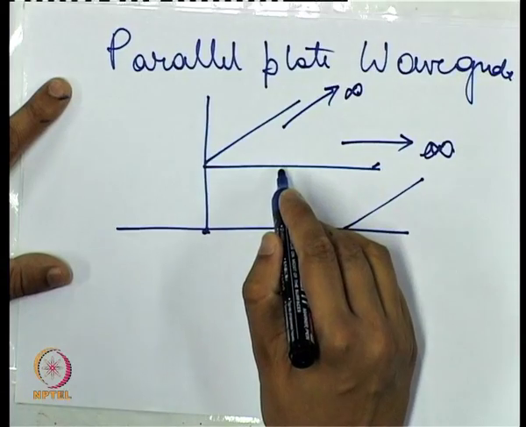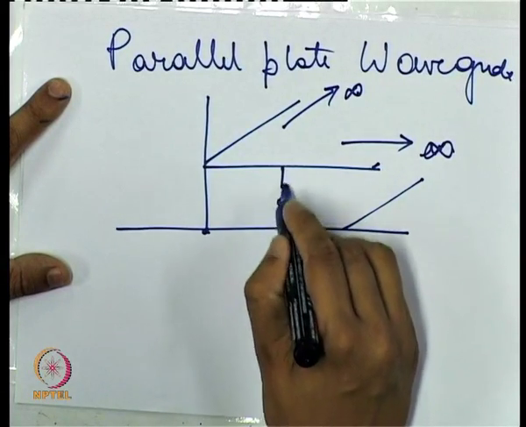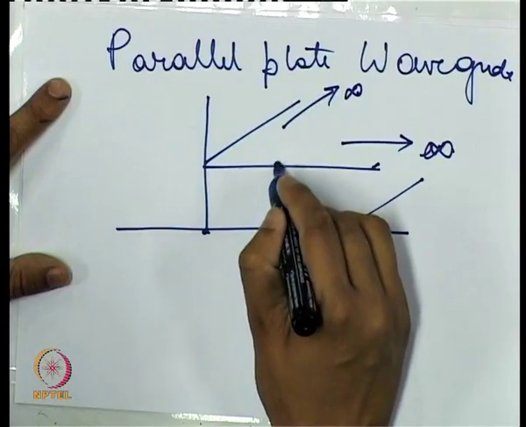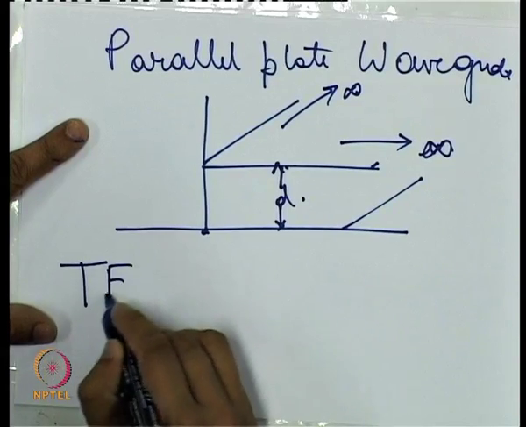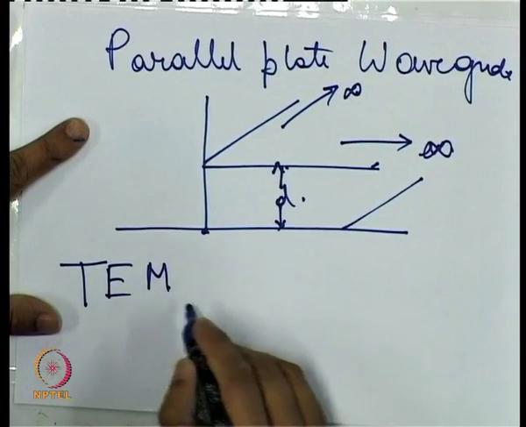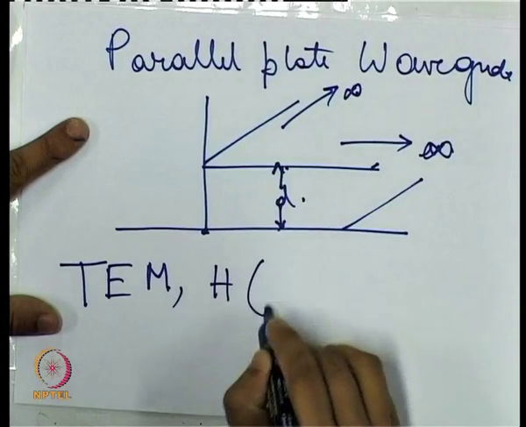The only finite dimension is the distance d separating the two plates. Now, the TEM wave solution for this parallel plate waveguide is given like this.